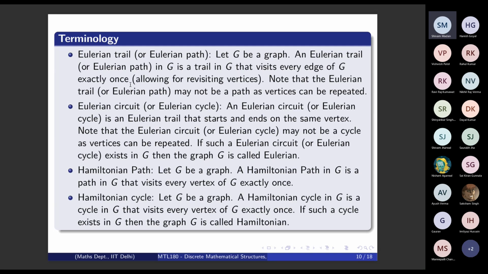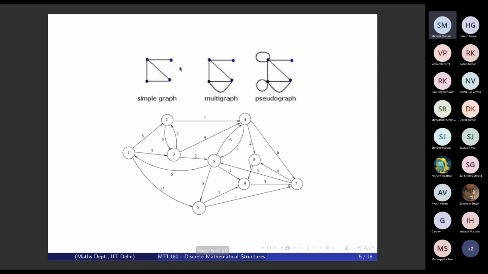Okay, for example, in this example, if we take this one, 1, 2, 3, 4. Now this is one Eulerian trail, right? Because you have 1, 2, 3, 4 edges, and this trail visits all the edges 1, 2, 3, and then 4.